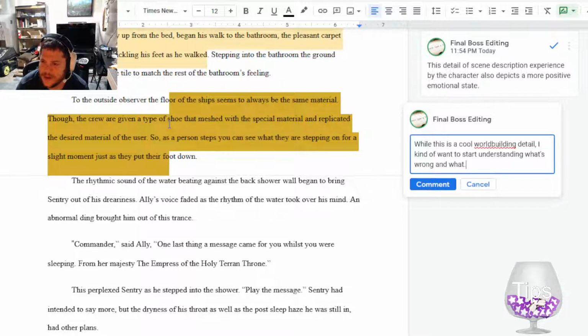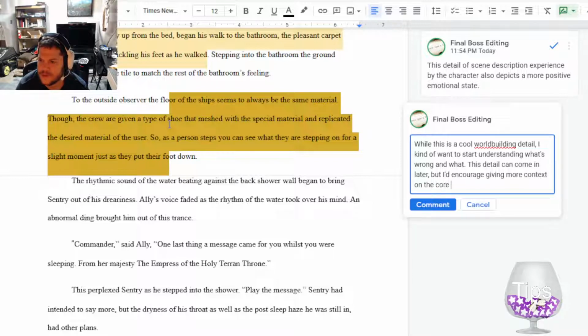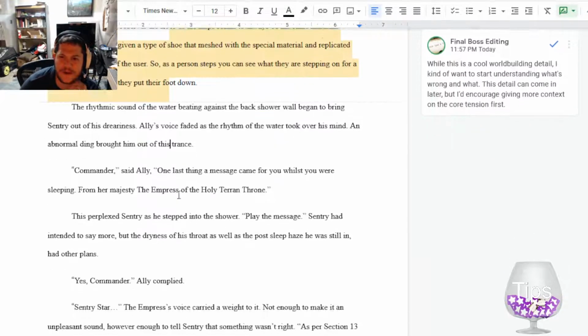I think this detail can come in later, but give more context on the core tension first.